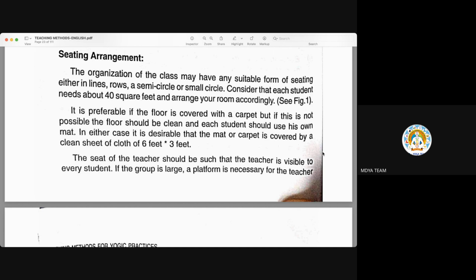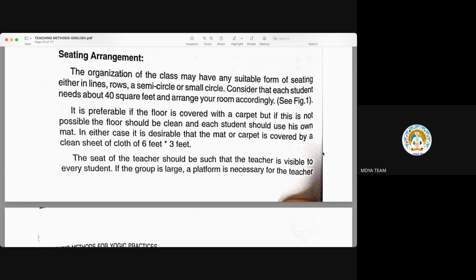Generally, the mat is made of rubber only. It is good to have a very thick cloth on the rubber mat. This will make your holding firm, because on plastic or rubber, your hands or legs or toes may slip.